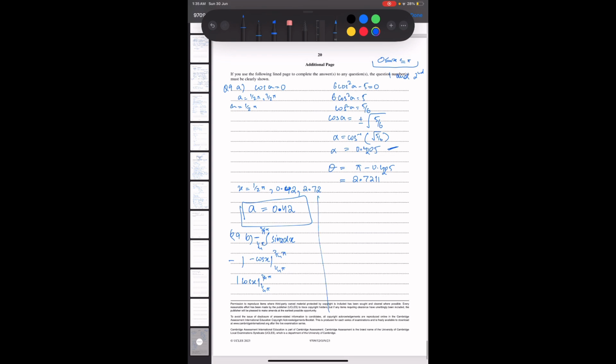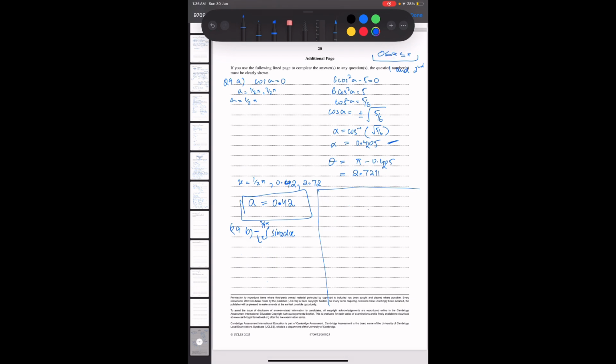So this is cos 3π/4 minus cos π/4, and the answer is under root 2. Easily, it's going to be the minus sign outside, and integration of sin x is negative cos x within the limits 3π/4 and π/4.